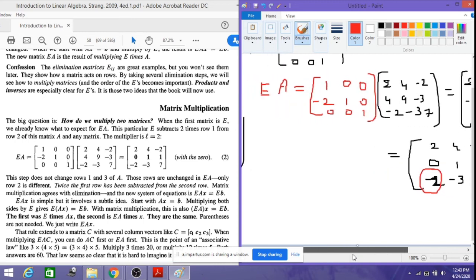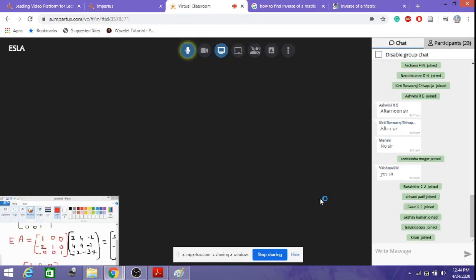Can you tell me what should be the multiplier value in this new elimination matrix? Let me call this F. So F is what? I'll just write the identity matrix and leave it as it is. Now you have to tell me the right answer. What should be the multiplier for this? Anyone?